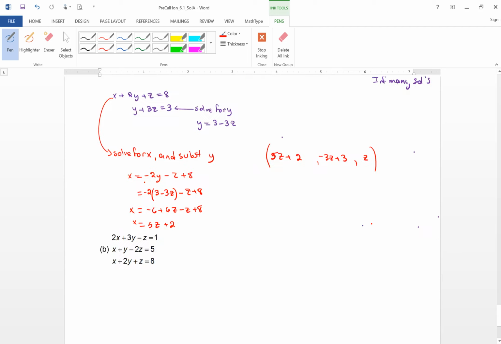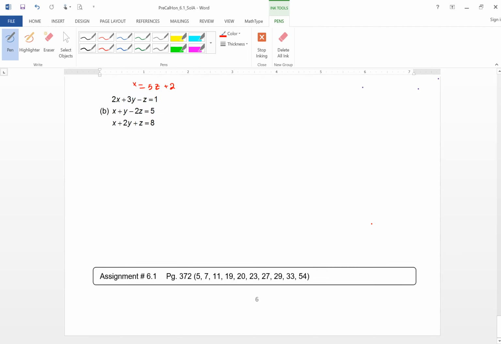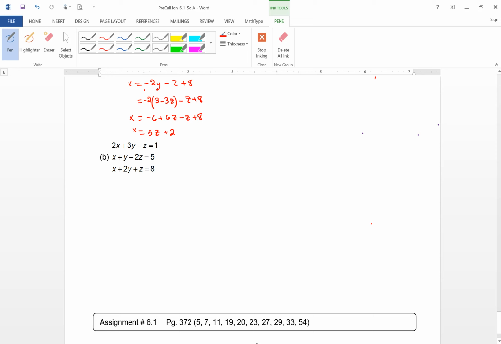All right. Next, let's do this one. So the matrix is going to be 2, 3, negative 1, 1; 1, 1, negative 2, 5; 1, 2, 1, 5. All right, I want to get a 0 in the bottom left corner.